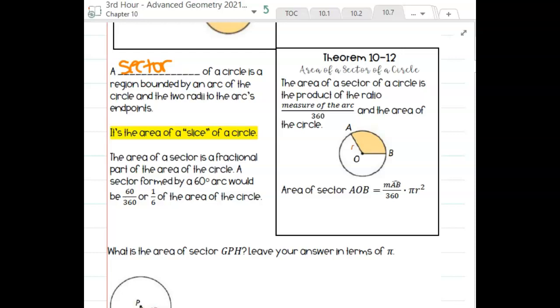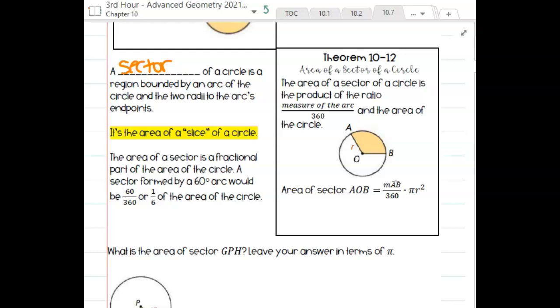The technical definition is the region bounded by the arc, like arc AB here, so that's going to be one boundary. The other two boundaries are going to be the two radii when you connect the endpoints of the arc. The endpoints are A and B, so the radius going from A to the center and the radius going from B to the center.